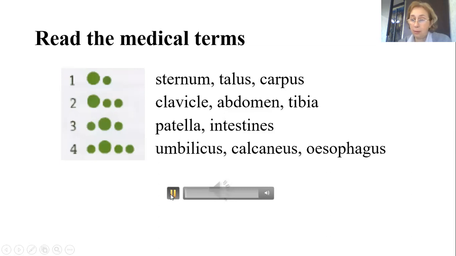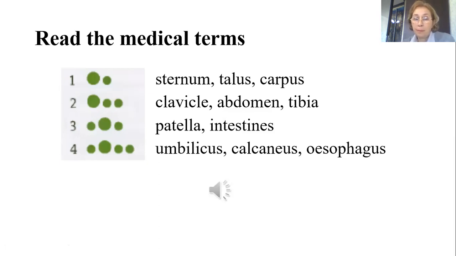So pronunciation. Who would like to read all of them? Any volunteers? So your name is Akram. Akram, please read all of them. So we have the sternum, talus, carpus.